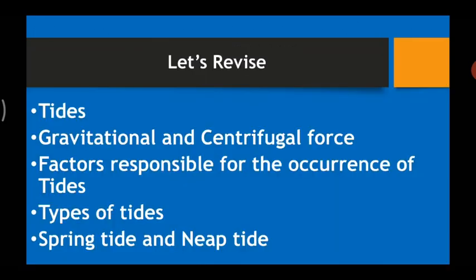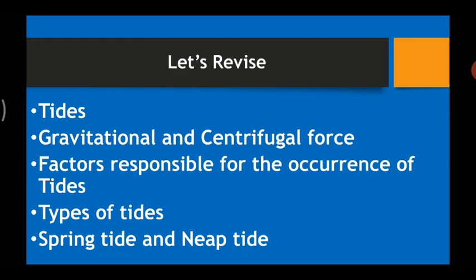Let's move forward. The next is, let's revise what we have done today. So, we learnt in the beginning about tides, and we also learnt what is high tide and what is low tide and the difference between them. Sometimes the sea water is very close to the coast and at other times it is far away from the coast. When it is very close to the coast, it is high tide, and when it is far away, it is low tide.